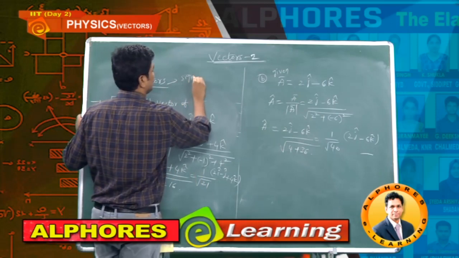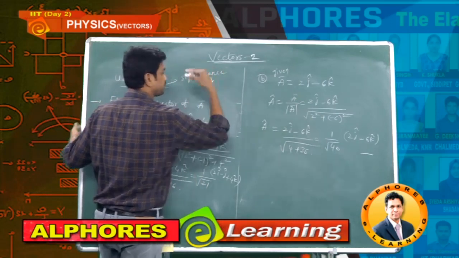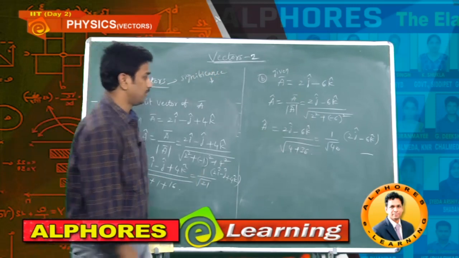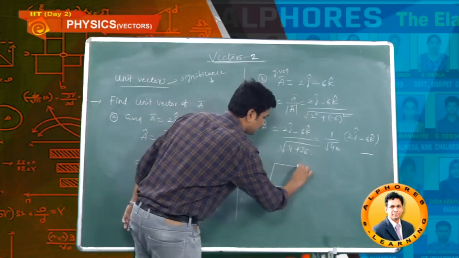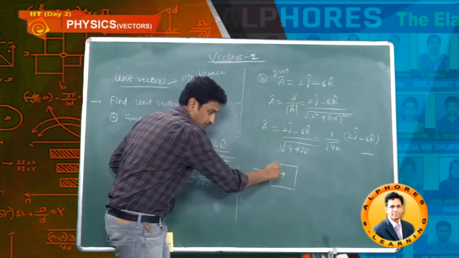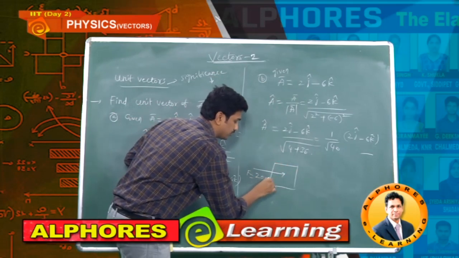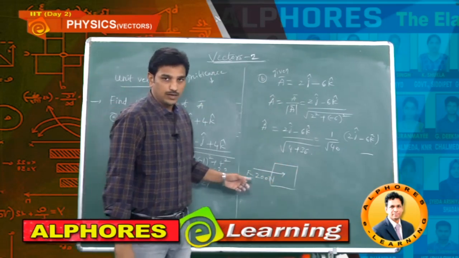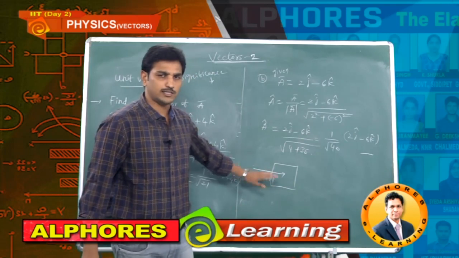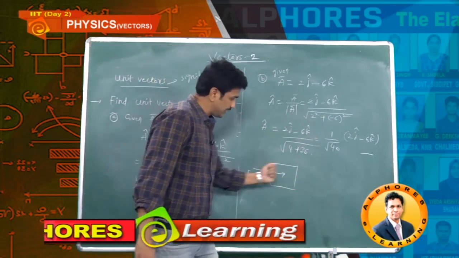Significance or usage in physics. Suppose I am giving a punch, force. How much force am I giving here? 200 newtons applied on the body. In which direction did I apply it?